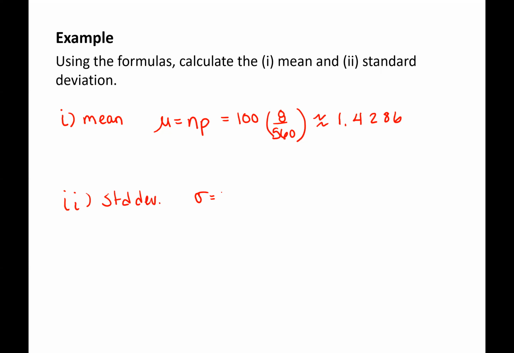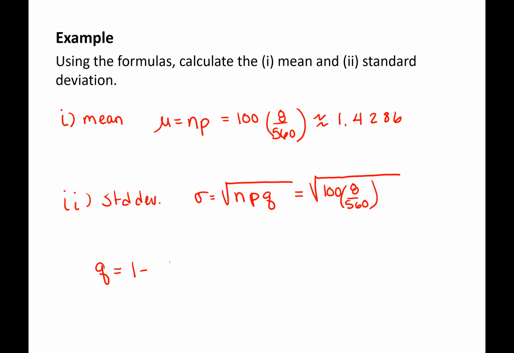What's the standard deviation? Well, sigma is the square root of NPQ. And I know that N is 100, P is 8 over 560. And then what's Q? Well, if P is 8 over 560, Q would be 1 minus 8 over 560, so that would be 552 over 560.